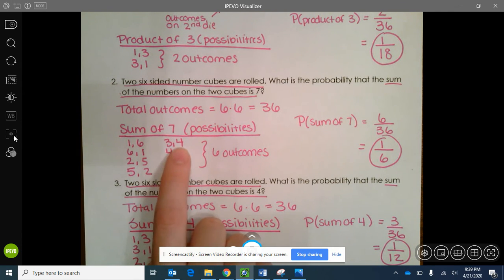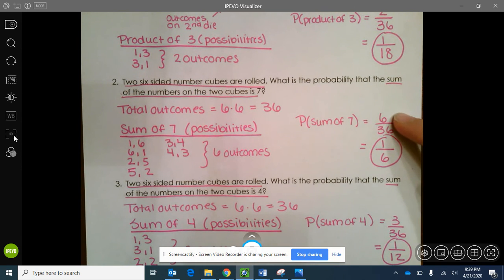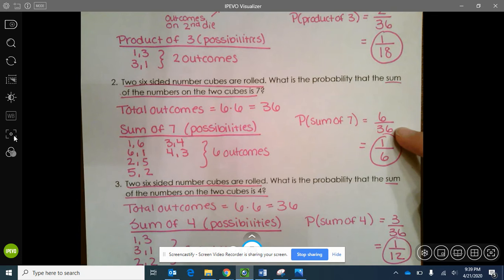The reason why this works, 3 plus 4 is 7. You could also get 4 on the first die and 3 on the second. 4 plus 3 is 7. So if you count up these outcomes, there are 6 total. There are 6 possible outcomes here that will give us a sum of 7. So we have 6 favorable outcomes over 36 total outcomes. 6 divided by 36 simplifies to 1/6.